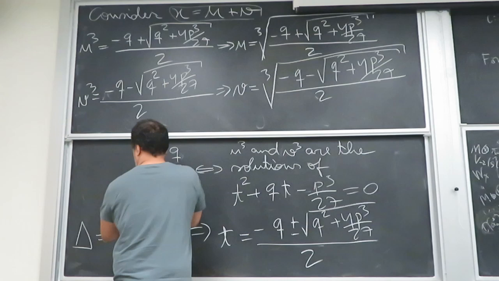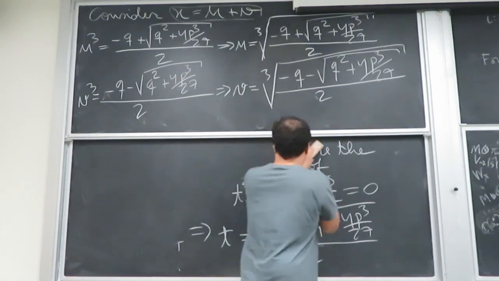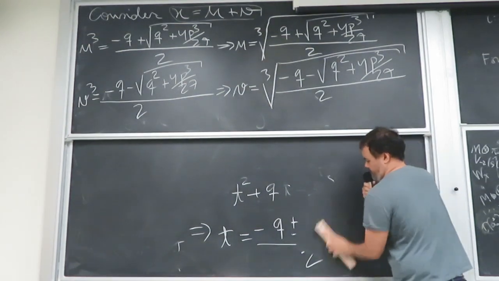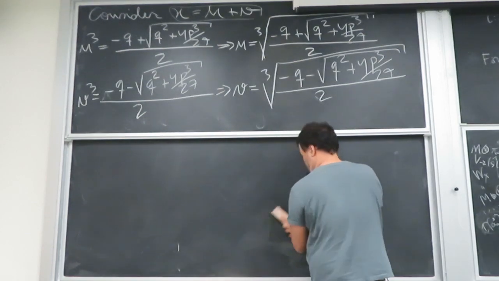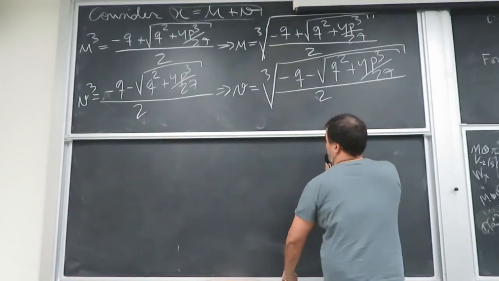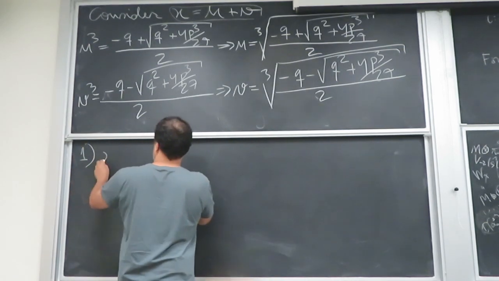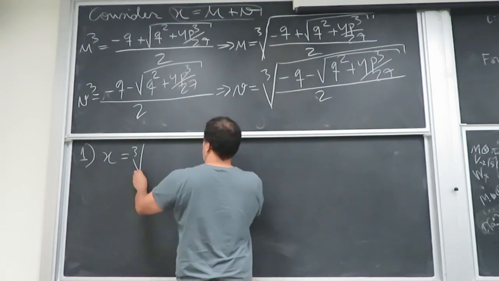So first solution, x is the sum of these two real numbers.